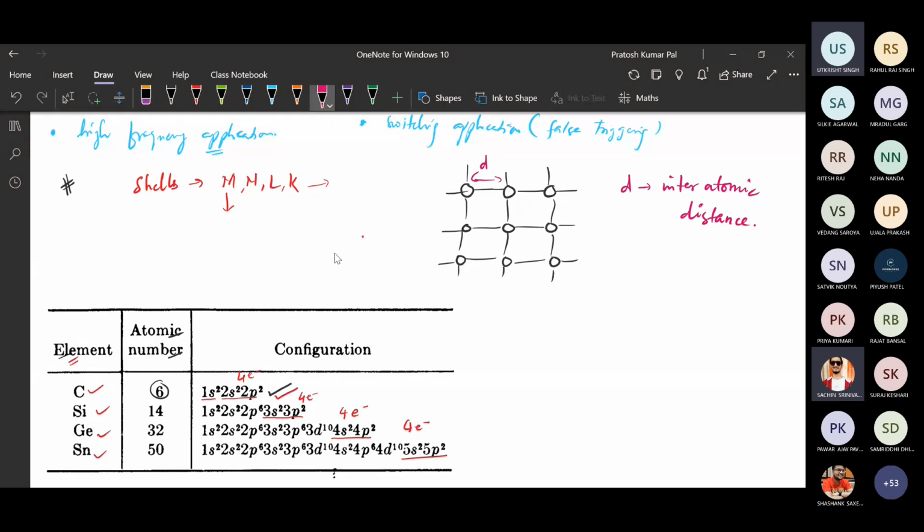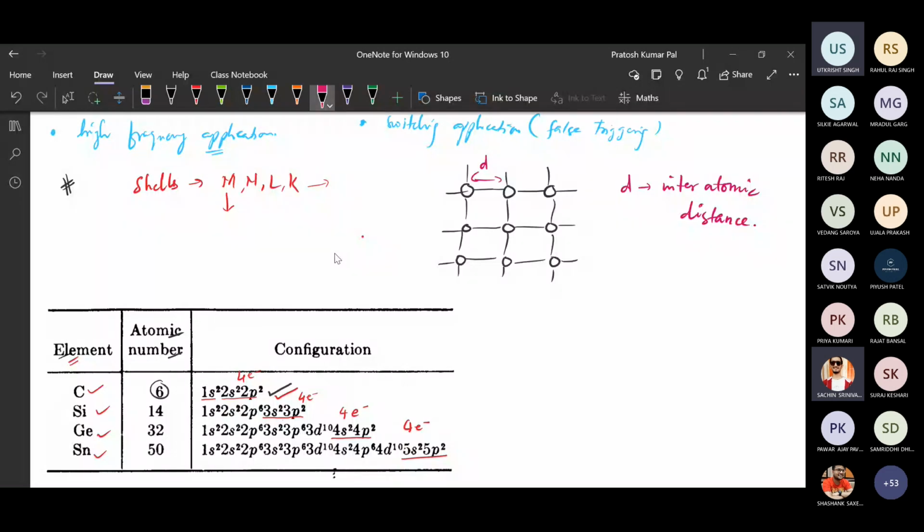We just want to analyze what will be the effect of varying this interatomic distance between two atoms of any element, and what will be the variation in its energy band.